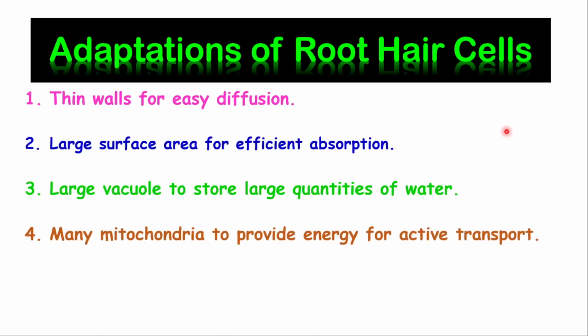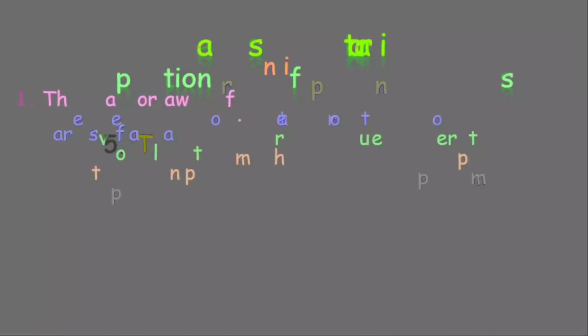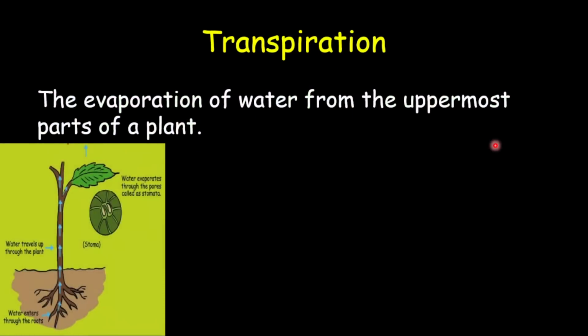And remember, what moves into the roots by active transport is mineral salts. Water will enter by osmosis. But mineral salts, nutrients, nitrates will enter by active transport. They contain transporting proteins to take in specific minerals or mineral ions, like nitrates, potassium, and so on.